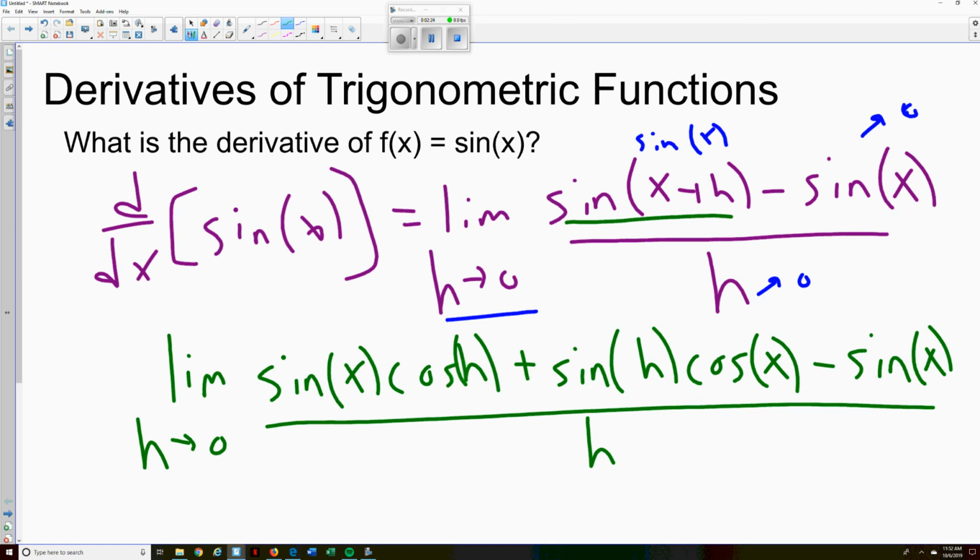Okay, now that probably means not a whole lot to anybody. And even when we look at this, it's still going to be 0 over 0. So we're going to have to simplify this in some fashion.